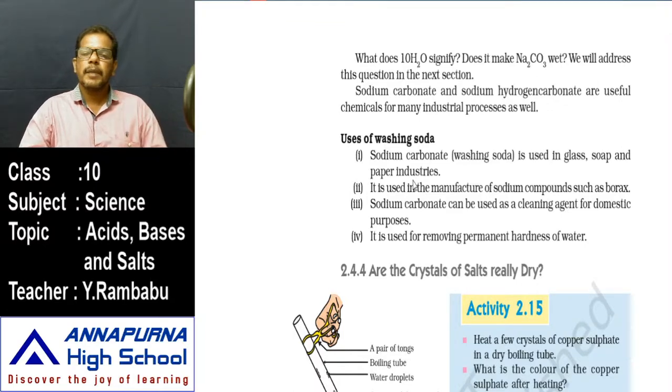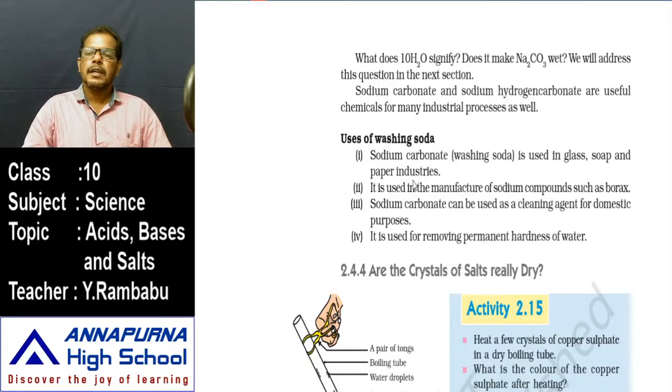Actually, we observe sodium carbonate as crystals. Crystals means it has water of crystallization, so its molecular formula is Na2CO3·10H2O. If the water molecules are removed and it is ground into a powder, that is called soda ash, which is nothing but sodium carbonate. It is used as a raw material in the glass industry and in the soap industry also. Why?